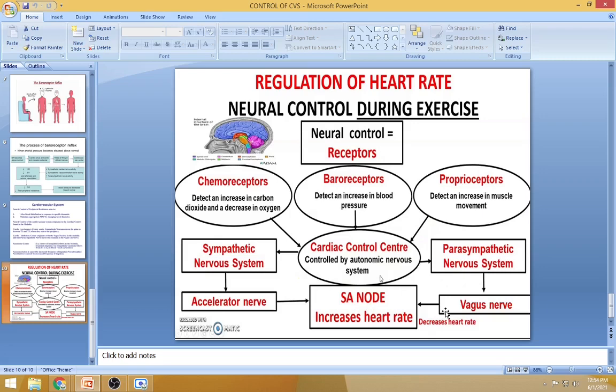Okay, clear? So what have we learned today? We have learned today that the cardiovascular system needs to be controlled, and it needs to be controlled because the requirement or the demand changes with activity. All right, or we can say with time, diurnal change also should be there, depending on what part of the day that we are in.